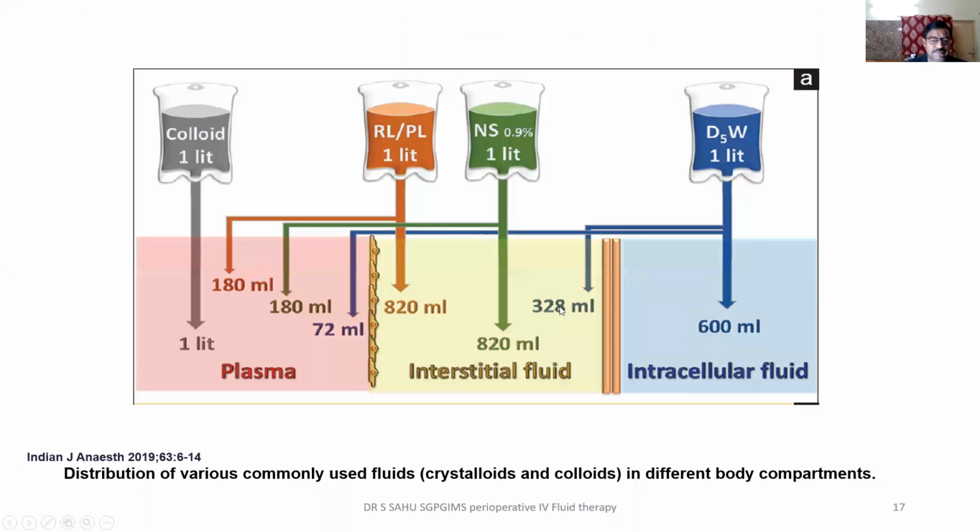The same has been shown in the IJA 2019 review: dextrose-containing fluid is not good, because there is no need of nutrition at this point and it especially goes intracellular. It doesn't go into the plasma or interstitium, so it doesn't expand them and doesn't retain fluid there. But colloid has definitely been considered a very good volume expander for years, because it goes into the plasma, increases the intravascular compartment, and remains there longer compared to the crystalloids we give, like NS, Ringer lactate or balanced salt solution, which mostly go into the interstitial space and partly into the plasma.